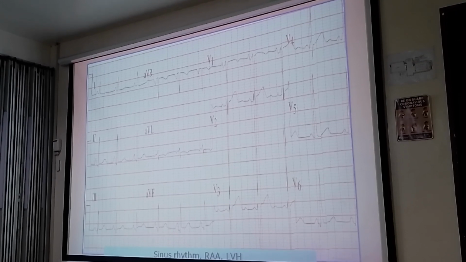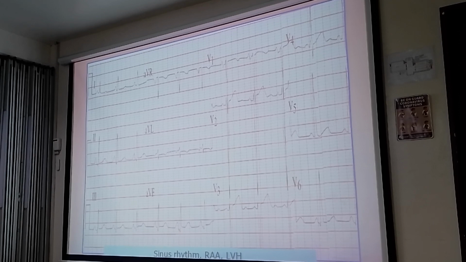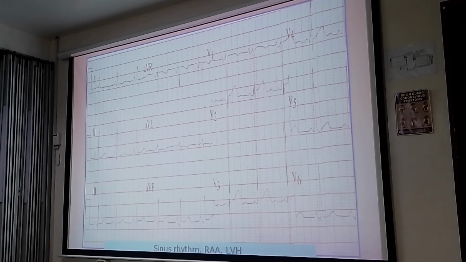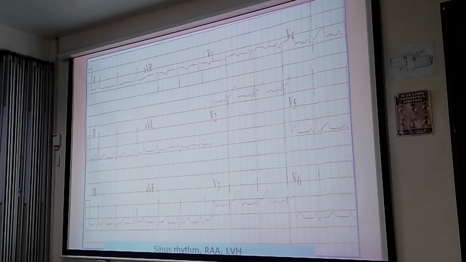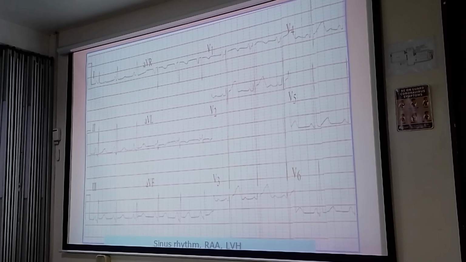So what is it? 48 already. So, there's LVH. The other way around, if your S is 40 and R is 40, it is 80. But then, it's too big at 20, so divide by 2. If it reaches 35, LVH. Below 35, there's no LVH. Based on the voltage criterion.